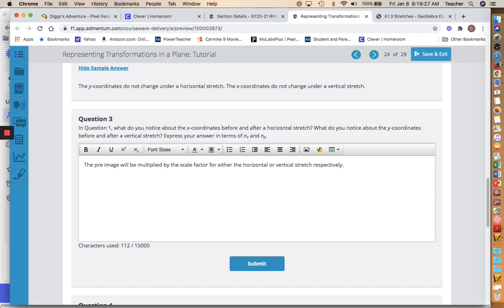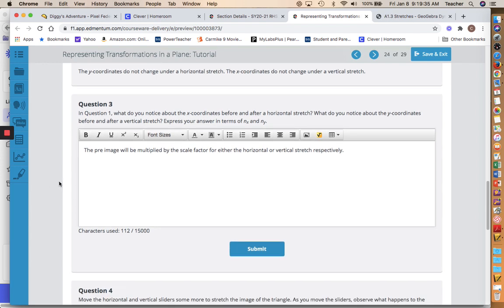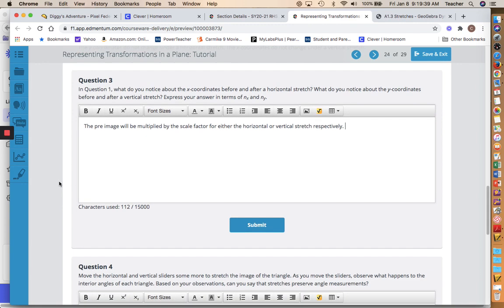The reason why I put respectively is because you got to remember only one of those values changes, the other one stays the same. So I don't want you to think you're going to multiply both of them by the scale factor, not on a stretch. Only on a complete dilation do you do both of them.